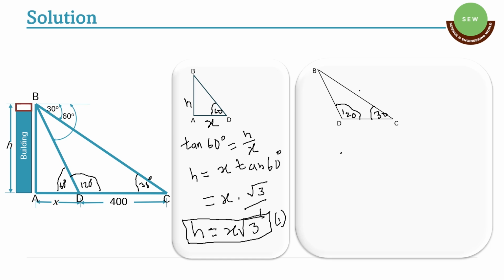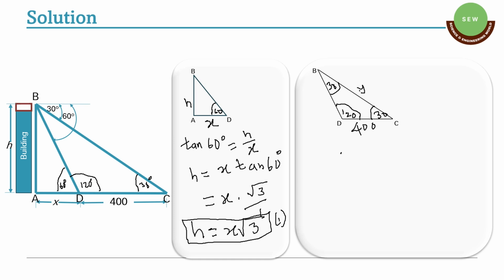So if D is 120 and C is 30, the two of them will be 150. And if we take it away from 180, this angle here is also 30 degrees. Now we have DC as 400, and let's call BC y.